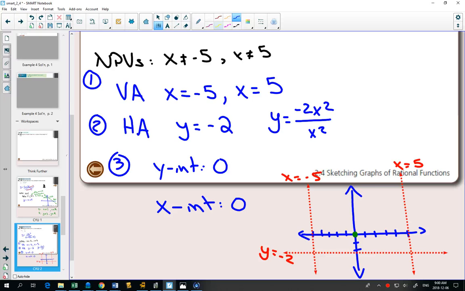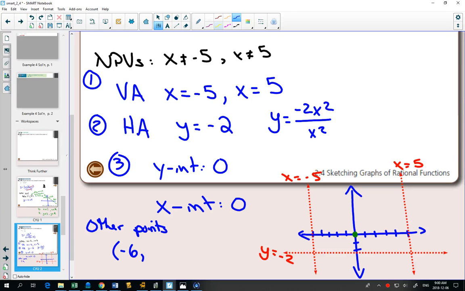So what do we need to find in part 3? Some other points. Our vertical asymptotes separate our graphs into different sections. So we're going to need to find something to the left of -5, -6.